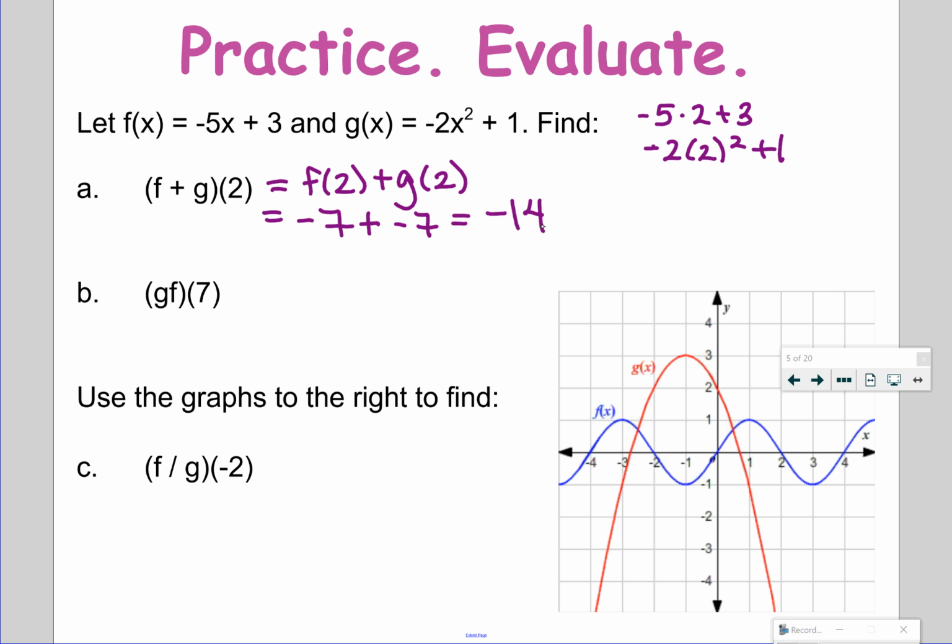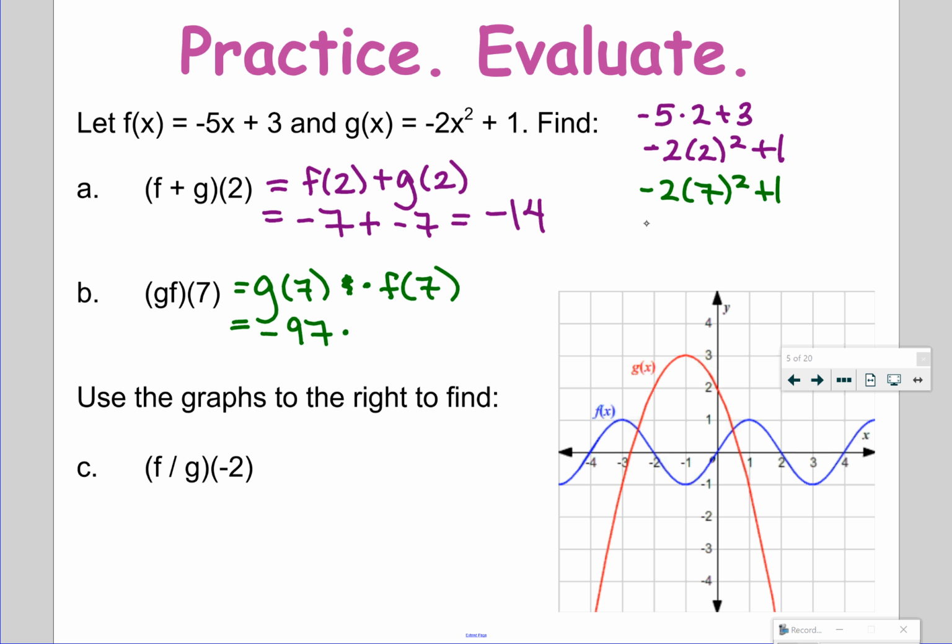For the one below it, I'm finding g of 7 times f of 7. So plugging 7 into both functions, if I plug 7 into g, it's -2 times 7 squared plus 1. So 7 squared is 49 times -2 is -98 plus 1 is -97.